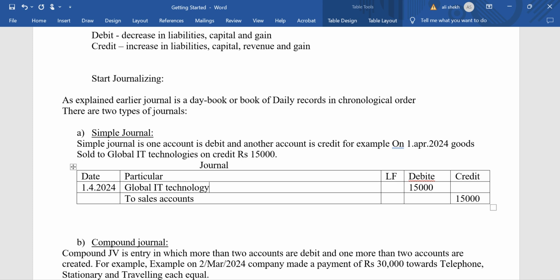For example, goods sold to Global IT Technologies on credit for 15,000. So there is one account, Global IT Technology, and another account, sale.